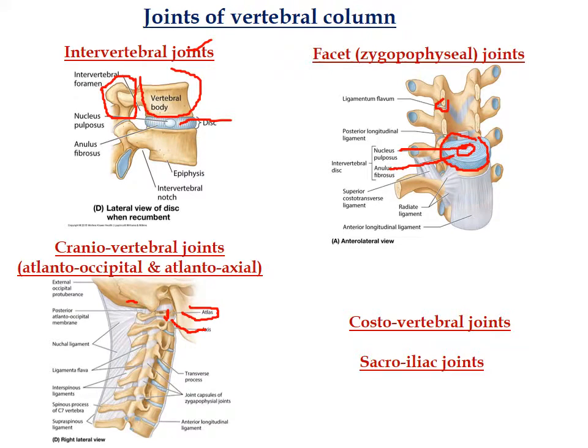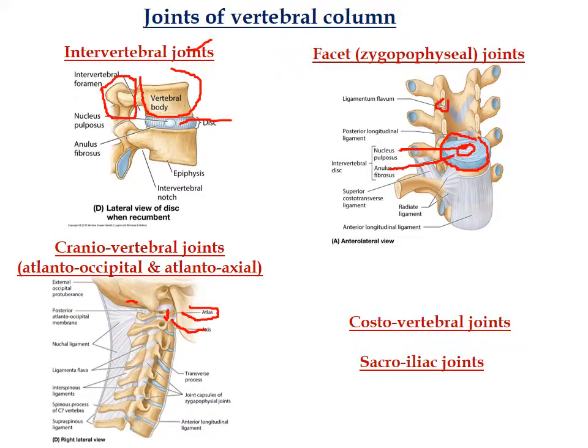This atlantoaxial joint allows rotation movement, that is the no movement. We have right and left atlantoaxial joints on both sides, and along the midline we have the median atlantoaxial joint. So between the first and second cervical vertebrae we have three joints.